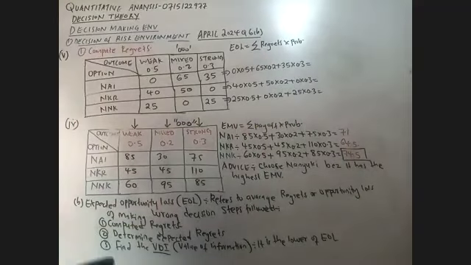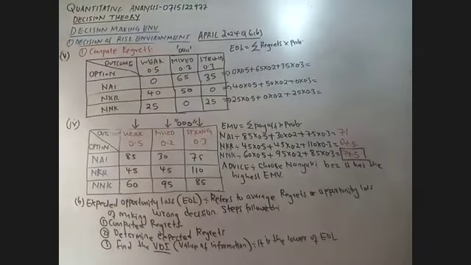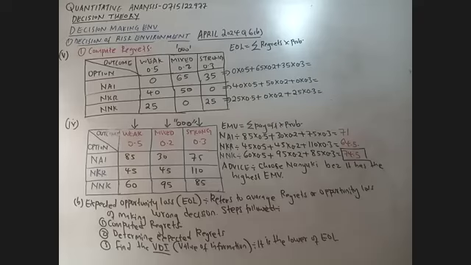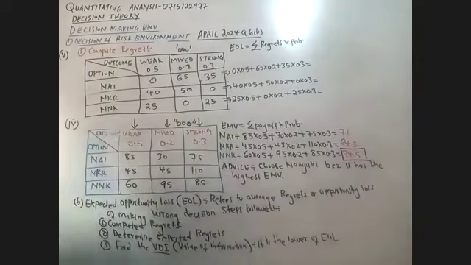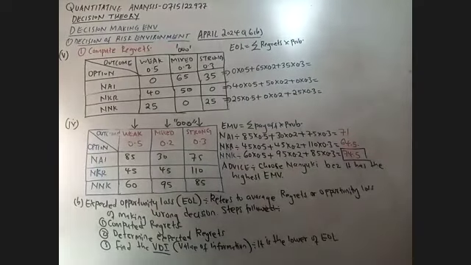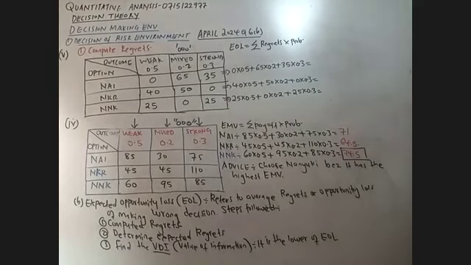So give me the answers. The first one: 65 times 0.2 is 13, 35 times 0.3 is 10.5, so 23.5.